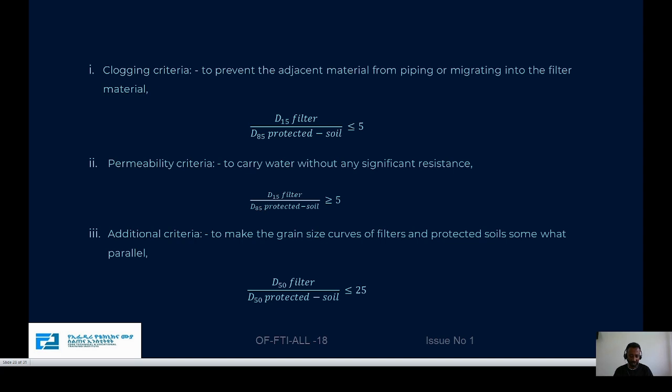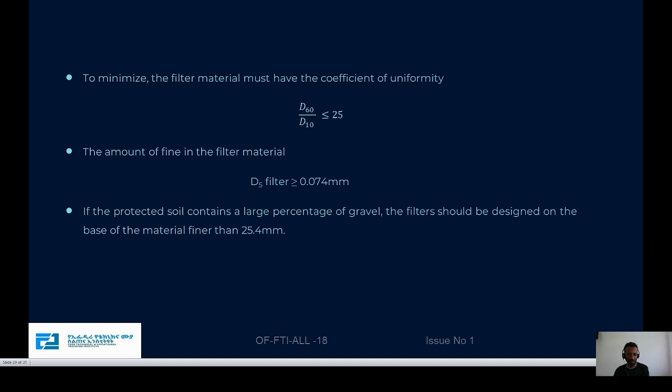The permeability criterion is greater than 5, and there is an additional criterion of making the grain size curves of the filter and the protected soil somewhat parallel. So we use D15 of the filter over D15 of the protected soil, which should be less than 25. Also, the filter material's coefficient of uniformity, D60 over D10, should be less than 25.